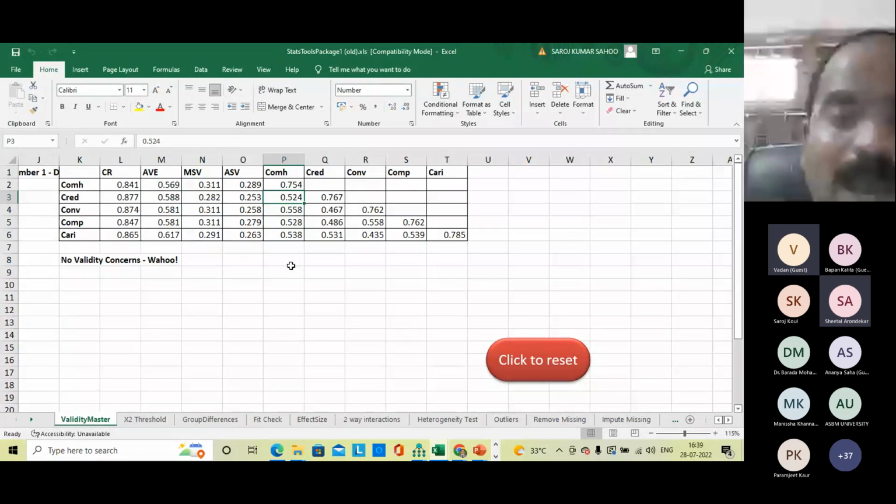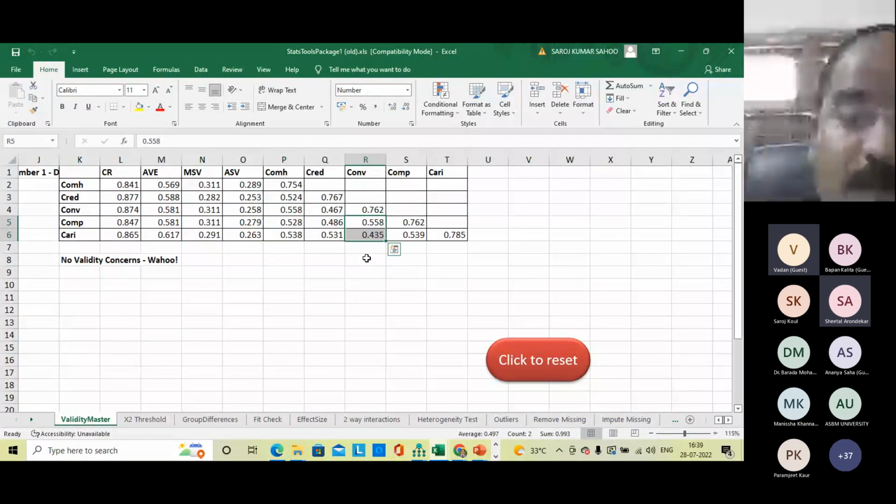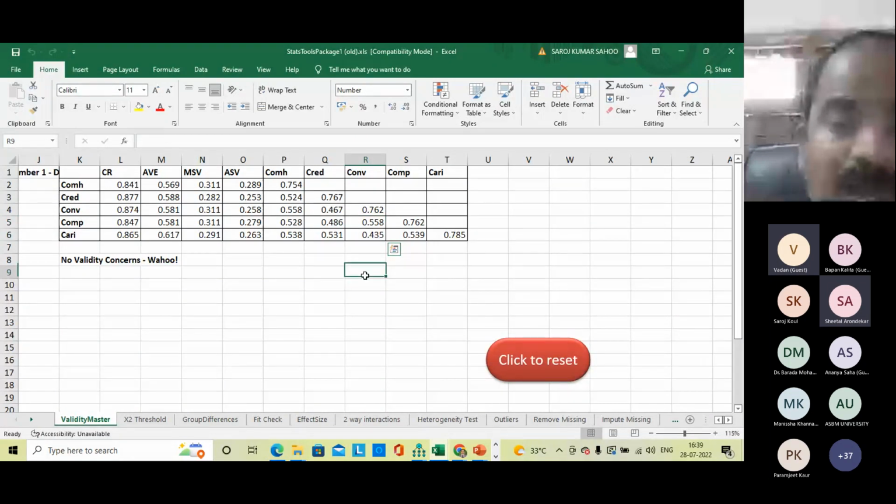Now look at the square root of AVE for convenience, that is 0.762. The respective off diagonal values are these two: 0.558, 0.467, and these two: 0.558, 0.435.